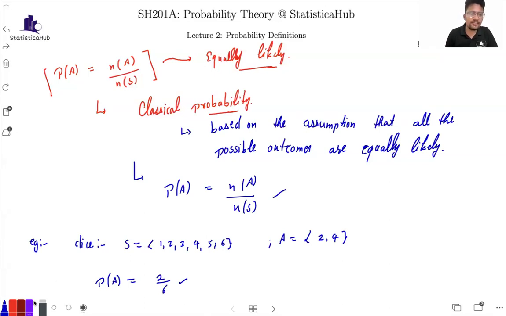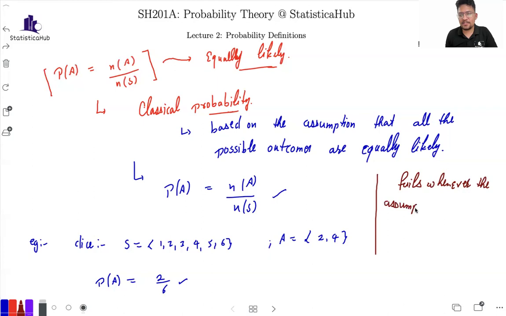Now the point is, it fails whenever the assumption fails. That makes sense. If you are going to appear for some exam, there is not this kind of structure where you pass and fail with half probability. That is not fair. If you have studied enough, there is a high chance, maybe 99%, that you will qualify that exam.